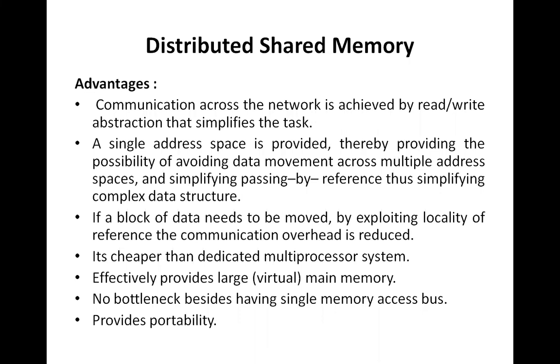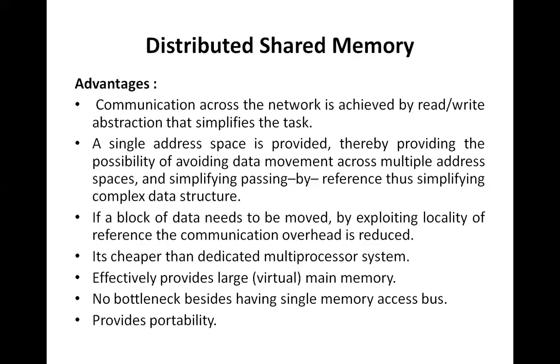The sixth advantage is that it does not contain any bottleneck, besides using a single memory access bus. In a tightly coupled multiprocessor system with a single shared memory, the main memory is accessed by a common bus.